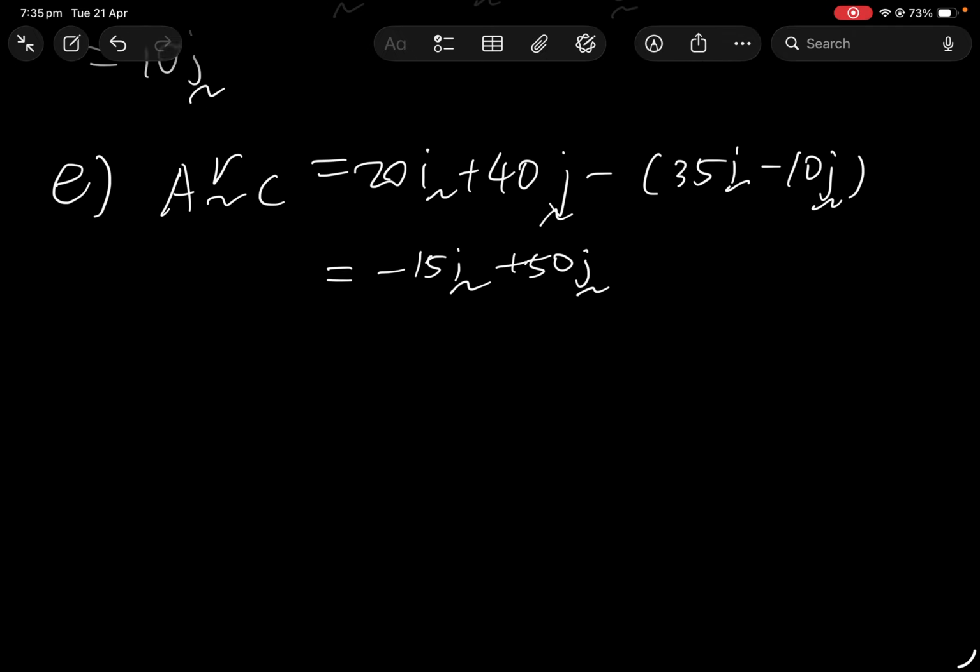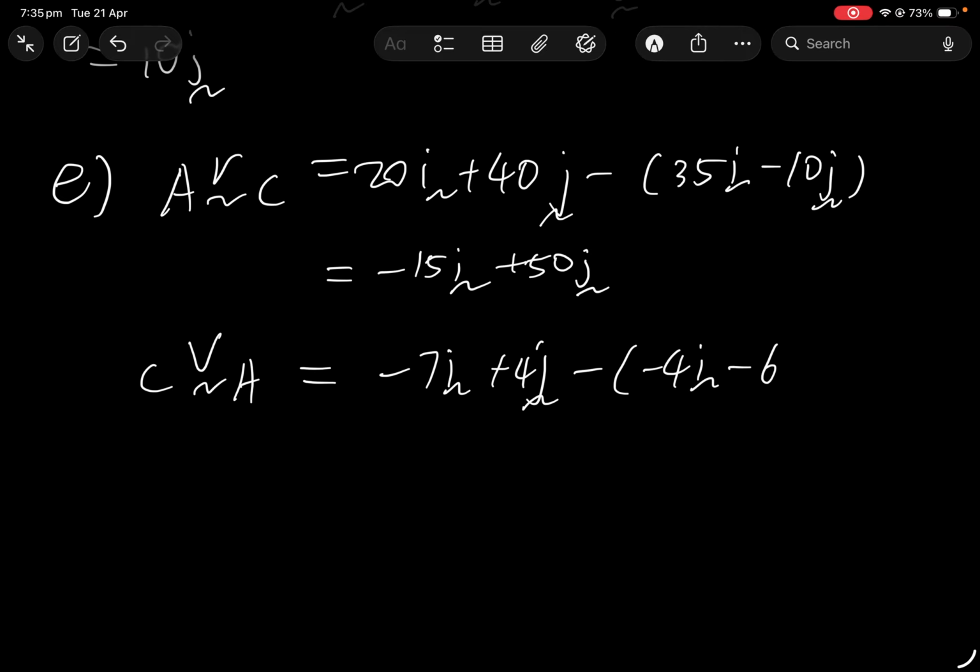We want to find how fast C is approaching A. So we want to do C relative to A. So C velocity relative to A, this we will find to be negative 7i plus 4j, and then we'll take negative 4i, negative 6j.